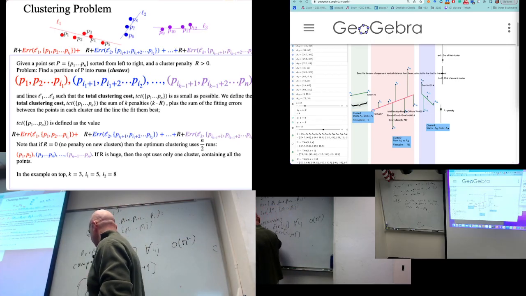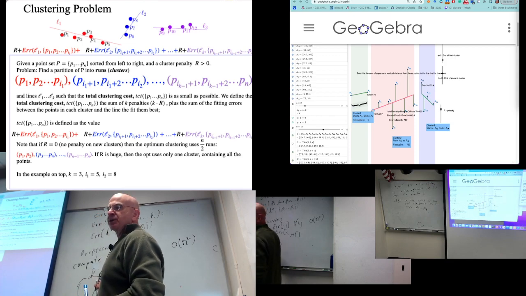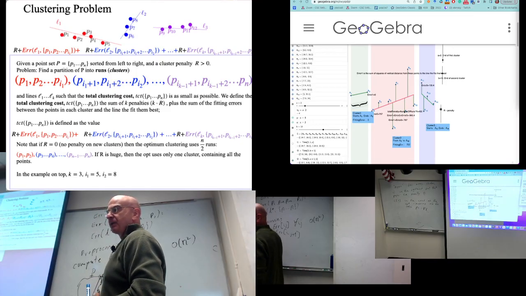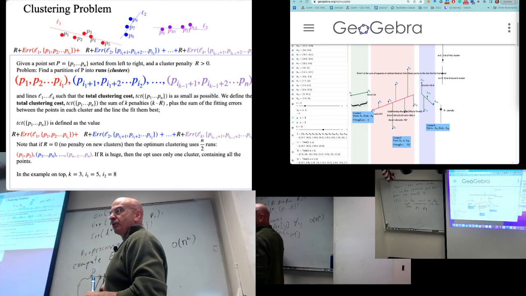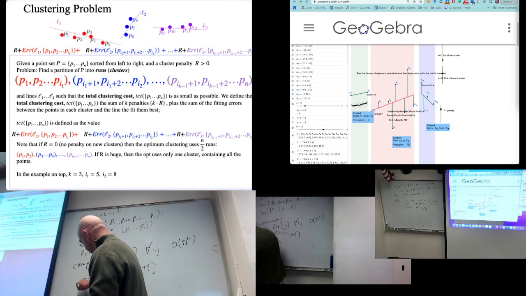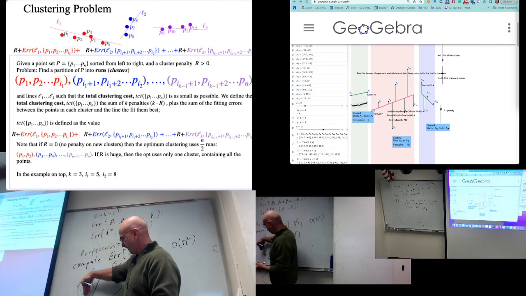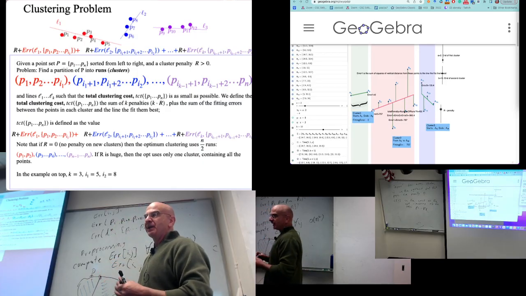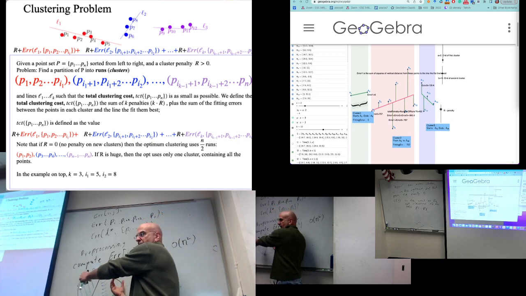I had my polygon, and I checked the option that this is a chord of the polygon that's part of the optimum solution. I don't know if it is, but assuming it is part of the optimal solution of the polygon triangulation, then I can solve the problem of anything to the left of this chord and the problem of anything to the right of this chord optimally, where they are completely separated from each other.